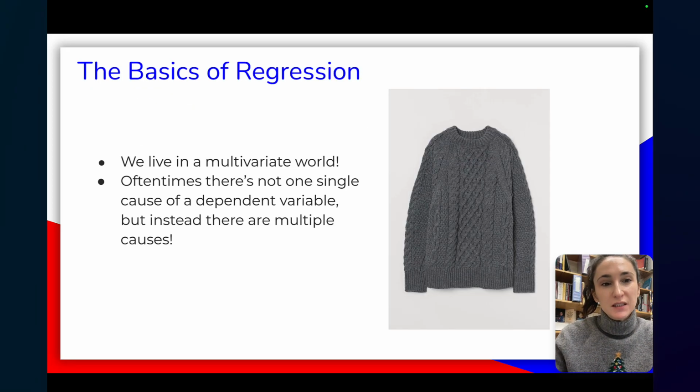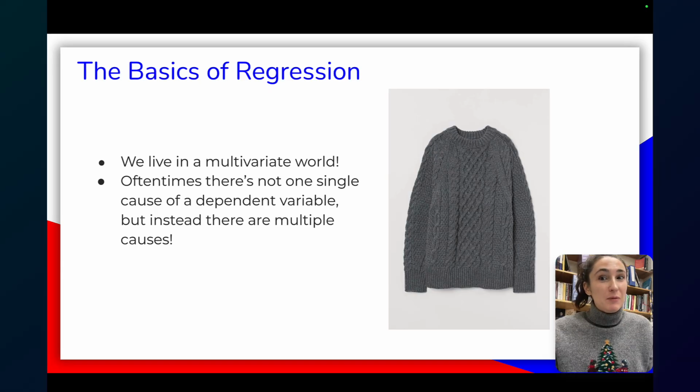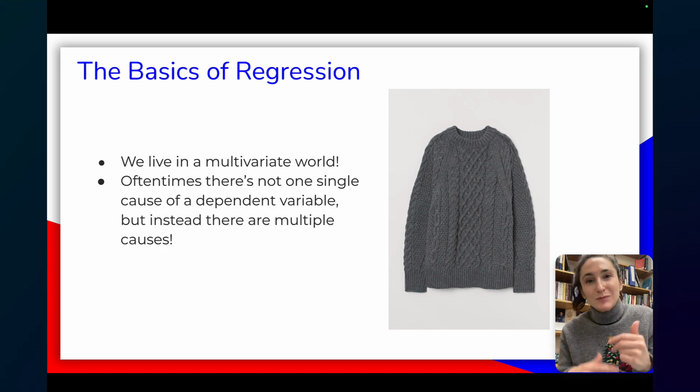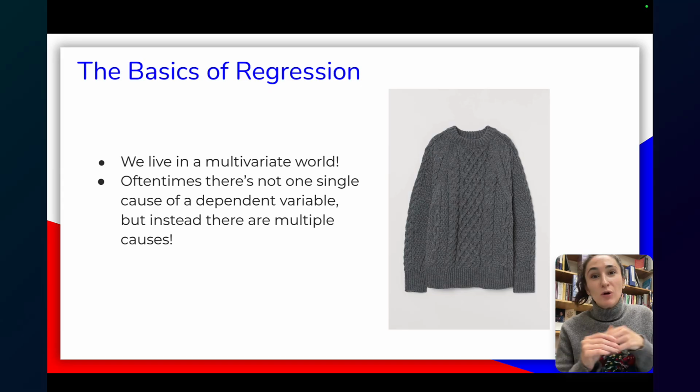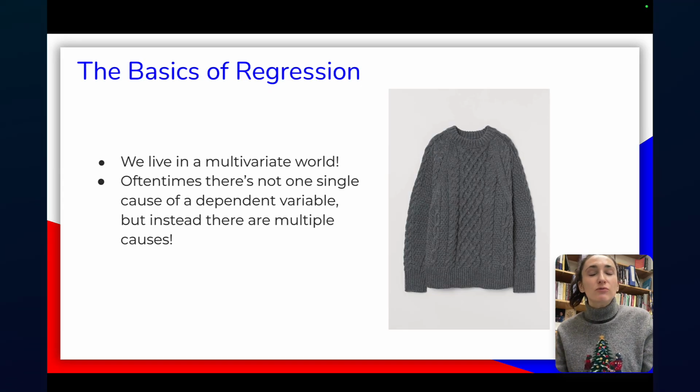The basics of a regression is that ultimately we live in a multivariate world. So we have a sweater here, just like I have a sweater on today, and maybe it's now the month of December. Maybe you also have something cozy on, right? Why did you choose that specific sweater or hoodie? It's often not just a single reason.